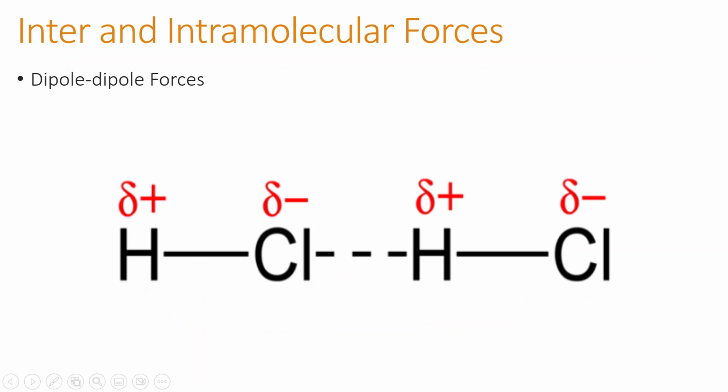So same idea as before, the only difference is these are permanent dipoles, so this attraction is always present, making it a little bit stronger than dispersion forces. But it's the same idea.